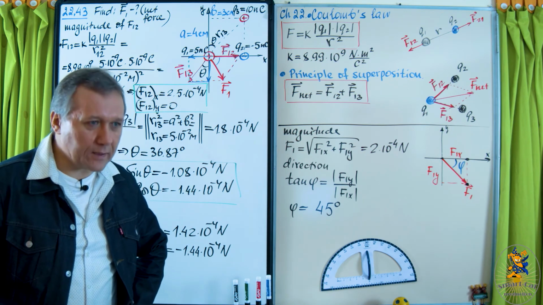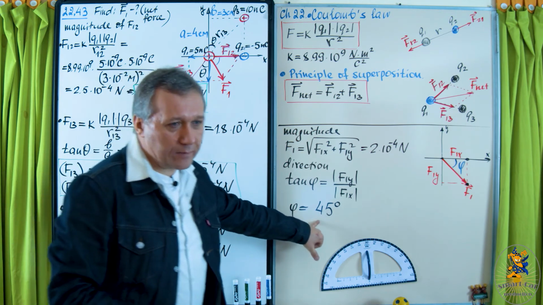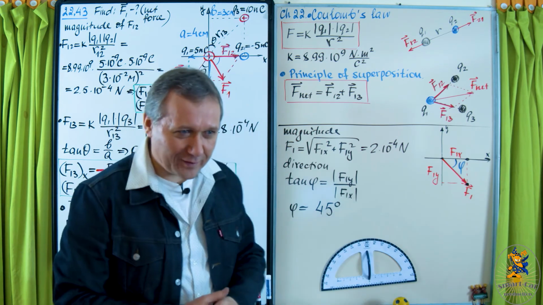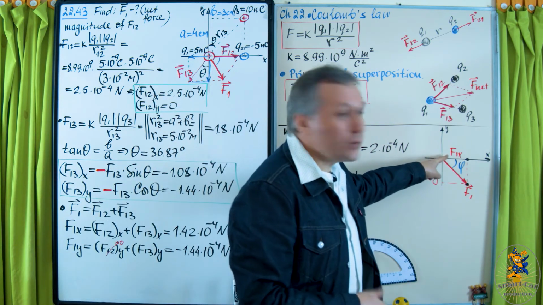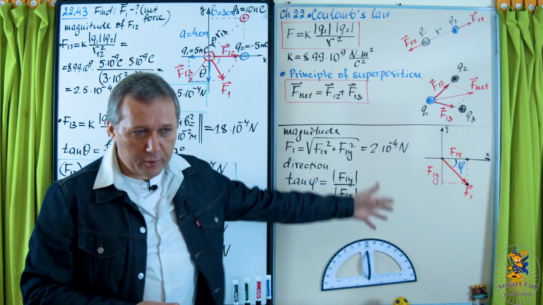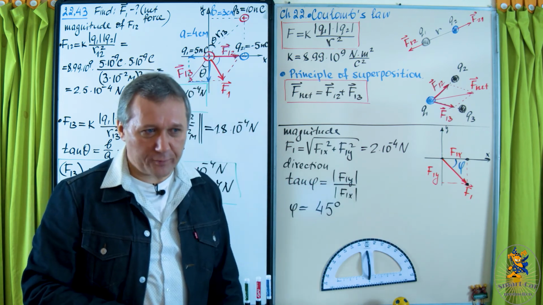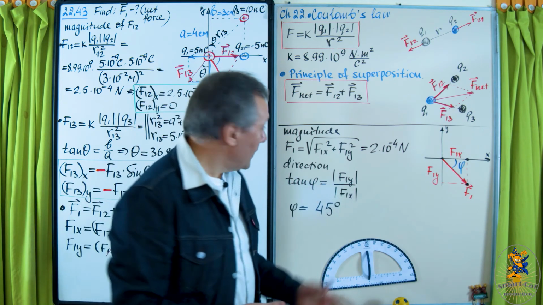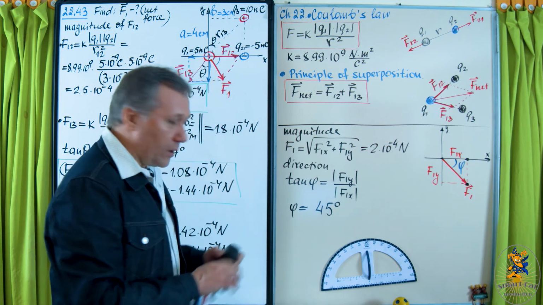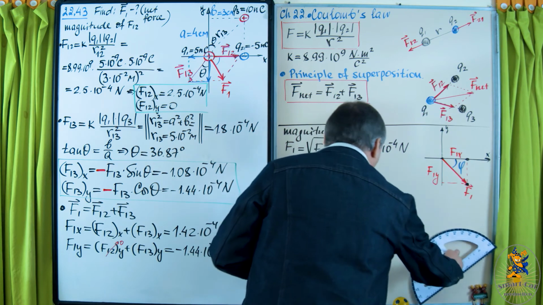No. Because if I write it like this, everyone who knows vector algebra would think that the vector was in the first quadrant. But of course, our vector is in the fourth quadrant, not the first one. So there are different ways of writing it.